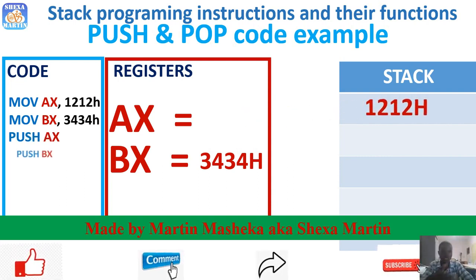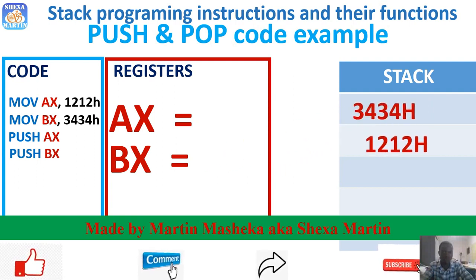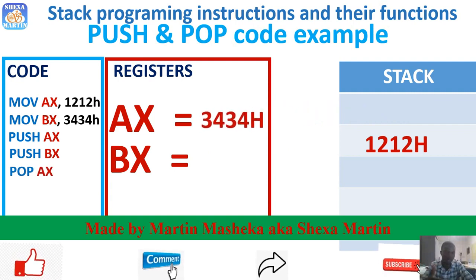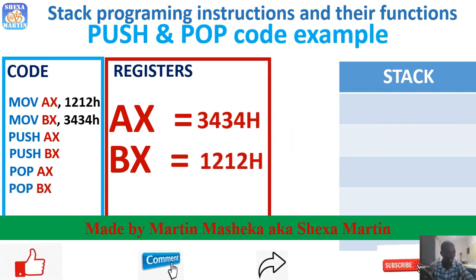This is what happens with push BX. That's what happens. Pop AX, that's what happens. Then pop BX, that's what happens. So that's a push and pop code example for you, an instruction writing code which exchanges the values of two 16-bit registers.